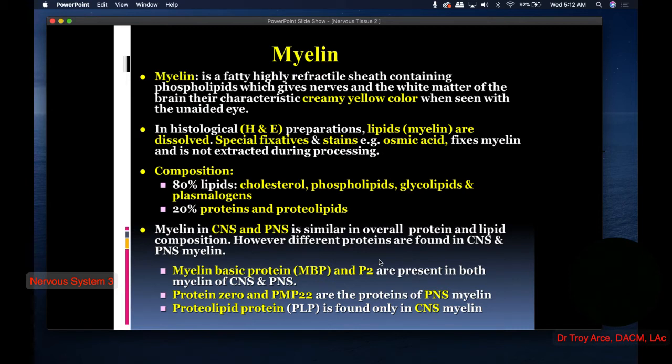Proteolipid protein is found only in the central nervous system myelin. So just understand that there are special stains and things to make them show up, and what's dissolved and so forth. What's important about this slide that you need to know is that it's a fatty, highly refractile sheath containing phospholipids, right? And how its color is derived.